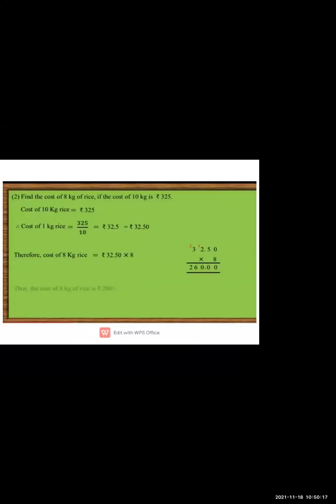See here. Find the cost of 8 kg of rice, if the cost of 10 kg is 325.